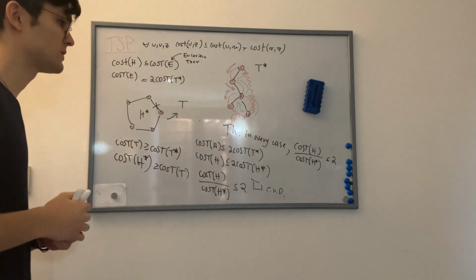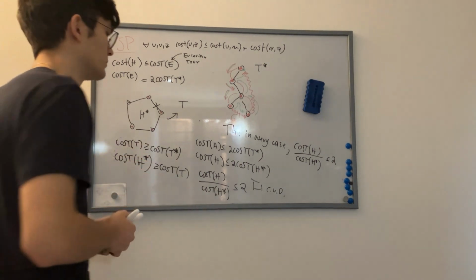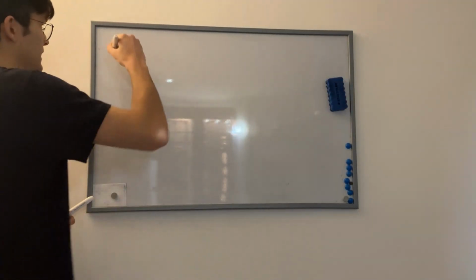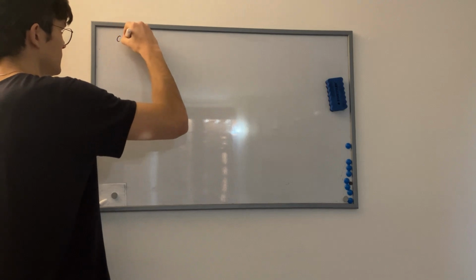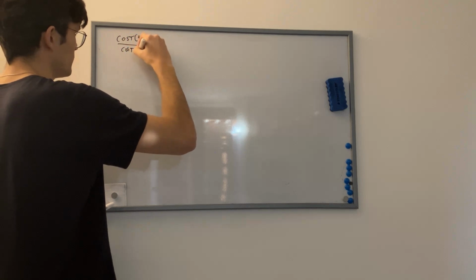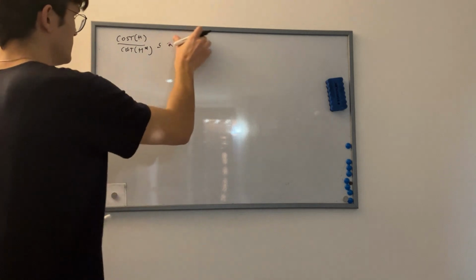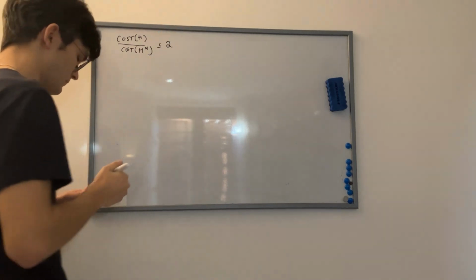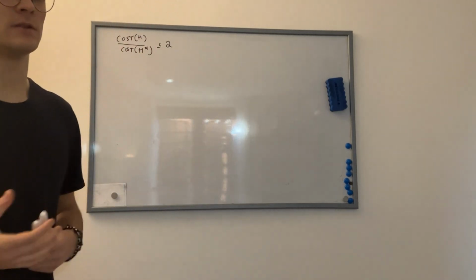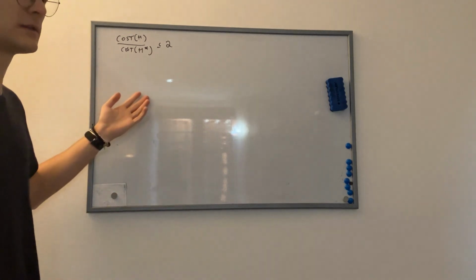So we proved that in the worst case we get a tour that is twice as long as the optimal tour. We've just proven that the cost of H divided by the cost of H star is always lesser or equal than 2. This is a horrible 2. But this is a general analysis that we did. We've taken an algorithm, we analyzed it, and we sort of somehow proved this.